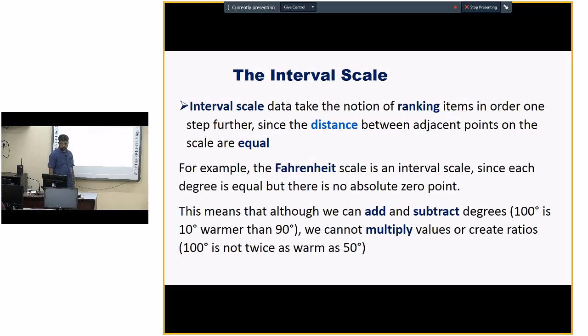Here, interval scale. Here again, you can see that example and also a similar kind of example. This means that although we can add and subtract degrees, right? 100 centigrade is 10 warmer than 90, but we cannot say multiple value or create a ratio, right?